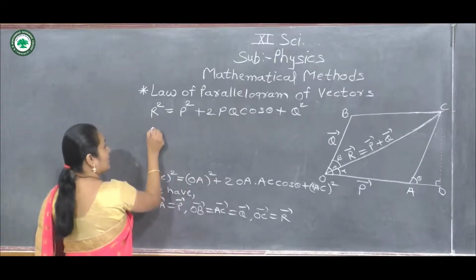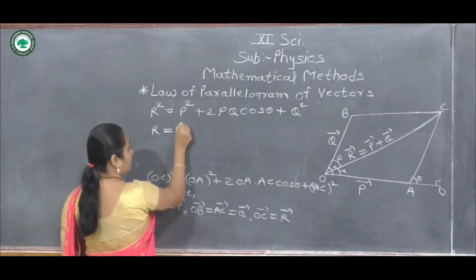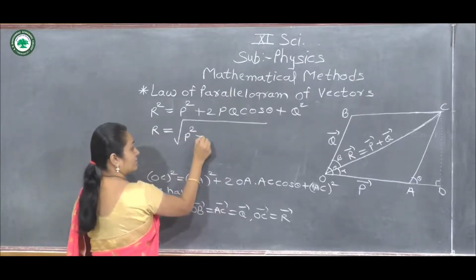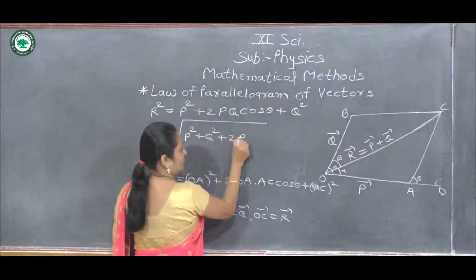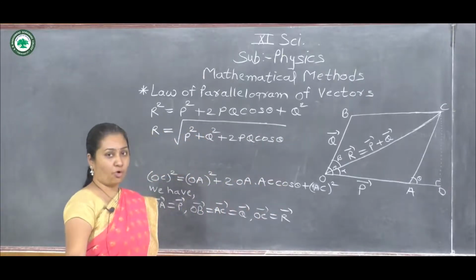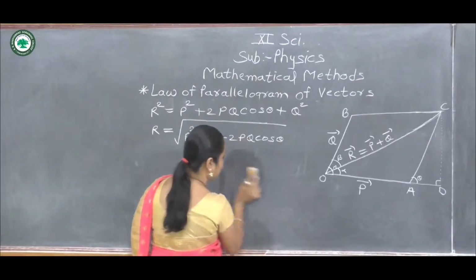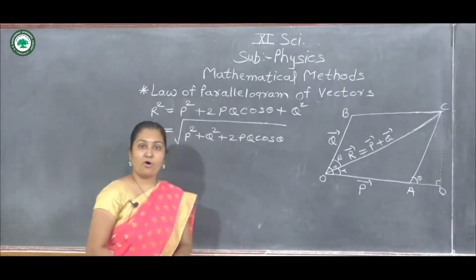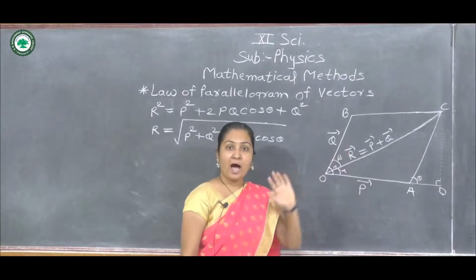So we have the resultant magnitude R equal to under root P square plus Q square plus 2PQ cos theta. This equation gives us the magnitude of the resultant vector R bar.